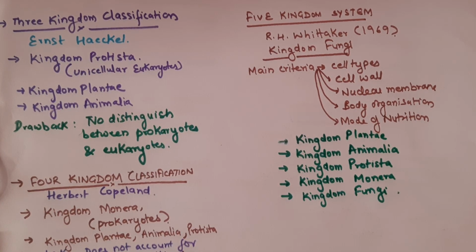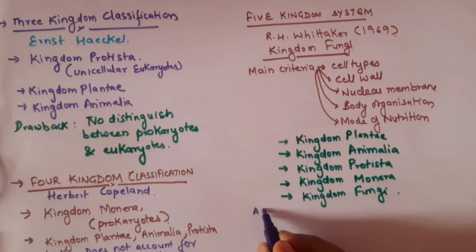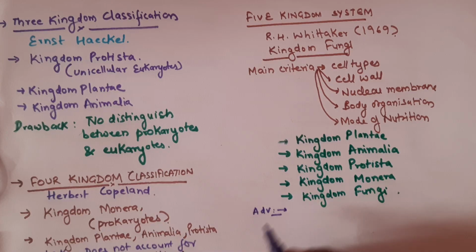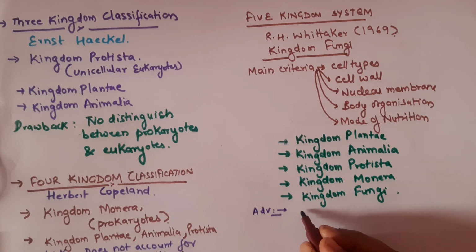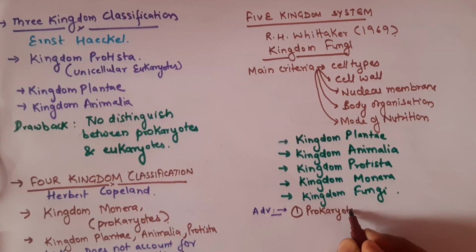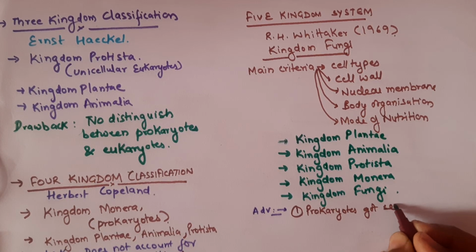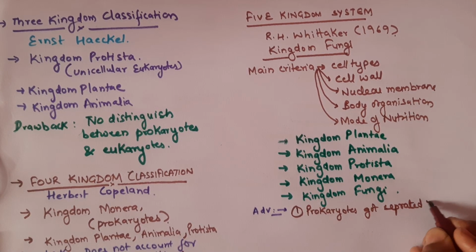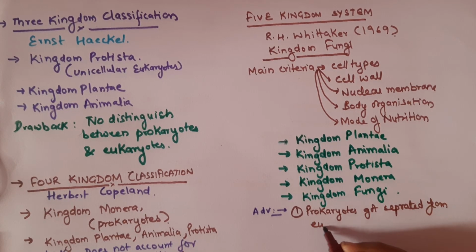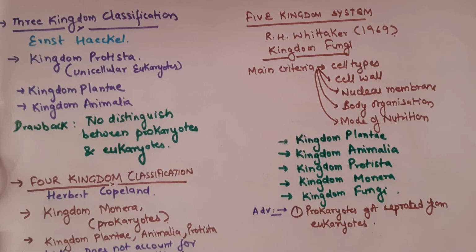So now what is the advantage of the five kingdom classification? We will write the advantages first. The five kingdom classification system separates prokaryotes from the eukaryotes. So the prokaryotes got separated from eukaryotes, because the three kingdom system and the four kingdom system were lacking this.